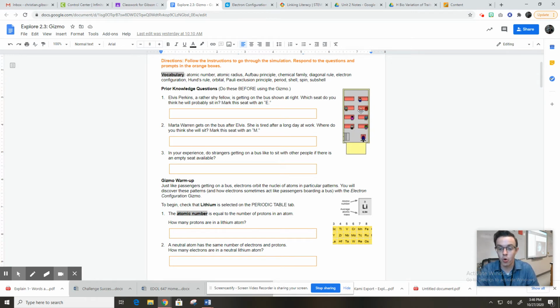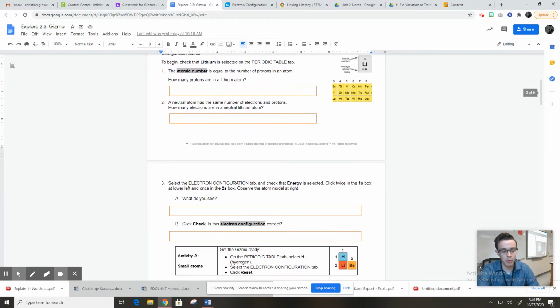If she had more energy, she could go back here, but electrons fill up their orbitals from lowest energy to highest energy. So she's probably going to sit up here, representing that electrons fill up the lowest energy levels first. Okay, so in your experience, do strangers sitting on a bus like to sit with other people if there's an empty seat? No, they don't. And electrons don't like to be paired up unless there's no other choice. And again, that's kind of revisiting how we fill up those boxes with orbital notation.